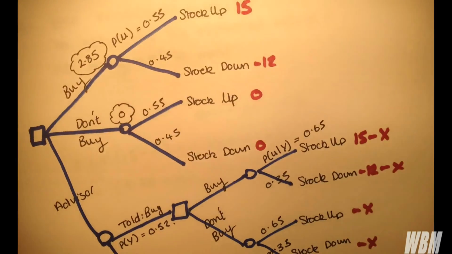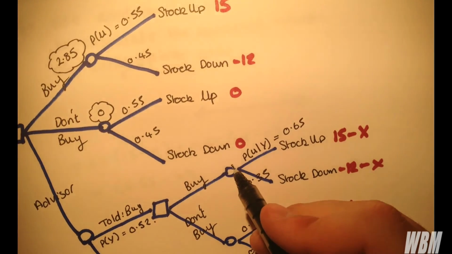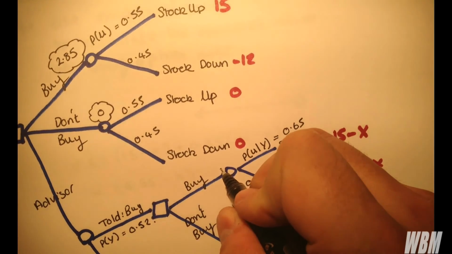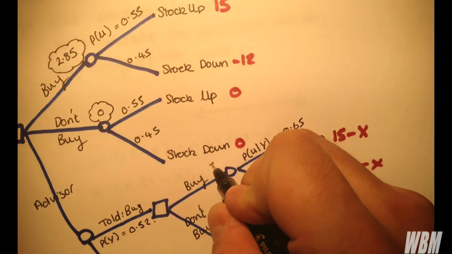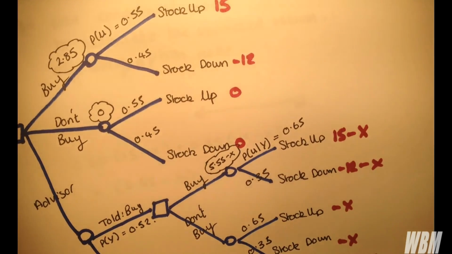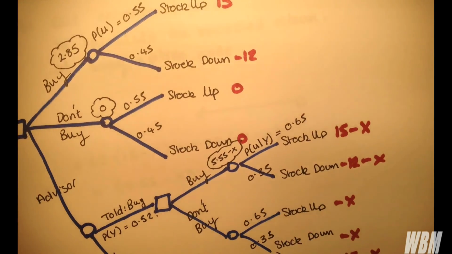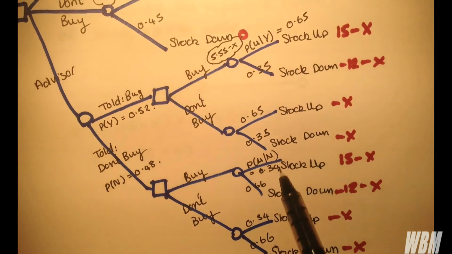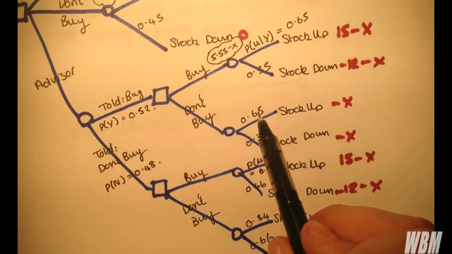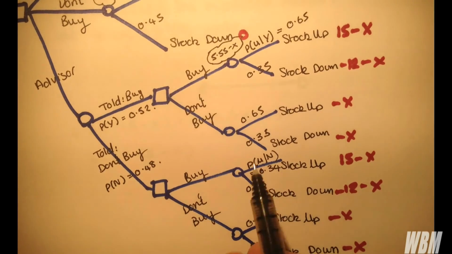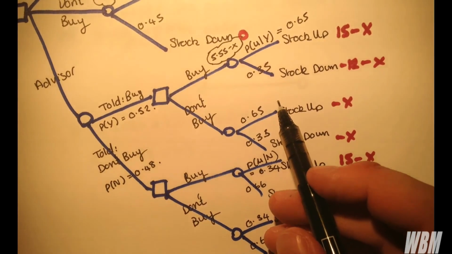So what you do here is you write that on the outcome node, sorry, which goes here, and we repeat the process for here, here, and down here as well, multiplying minus x by 0.65, minus x by 0.35, and we write down all the values, just like this.